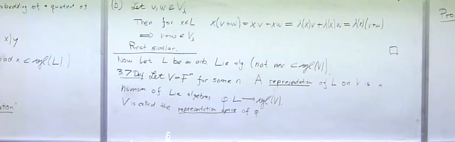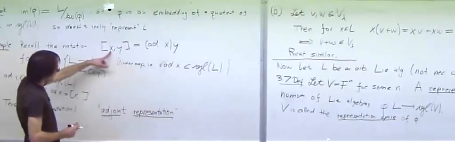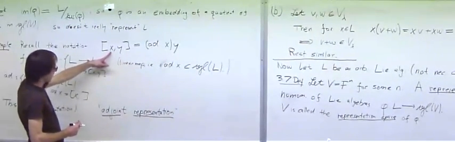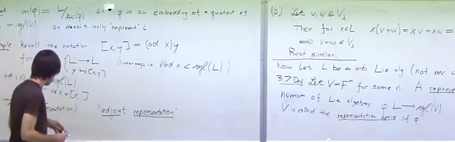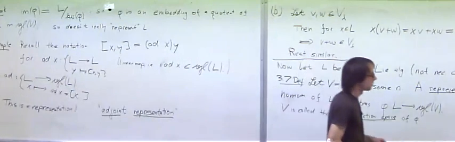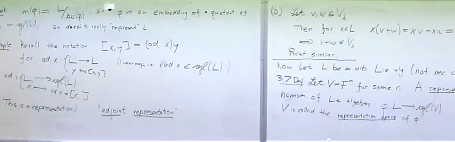So far we used linearity in the right argument, and linearity in the left argument just amounts to linearity of this map ad. So this is clear, as the bracket is linear in the first argument.